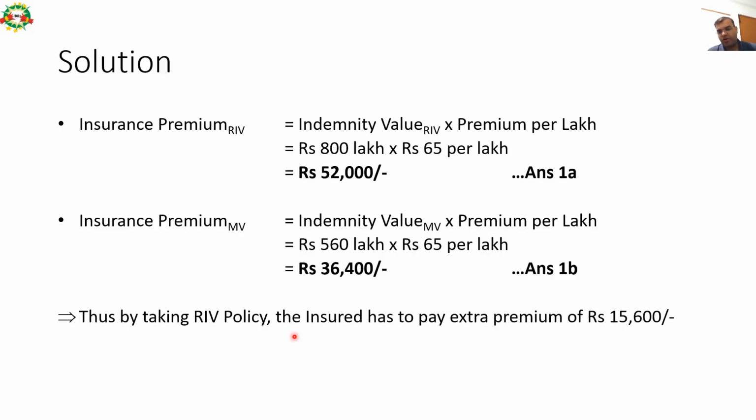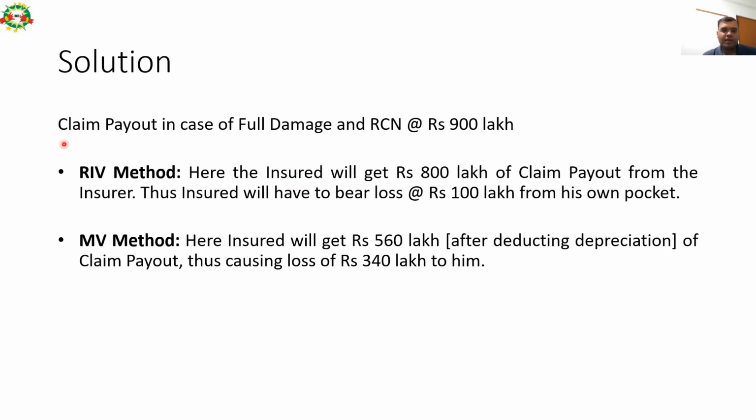So this is the extra cost, an extra burden on the owner of the property, the insured, in the form of extra premium. So let us try to understand what benefits he will get by paying this extra premium. Claim payout in case of full damage and RCN of 900 lakh rupees. So here, in case of an RIV policy, the insured will get 800 lakh rupees of claim payout from the insurance company.